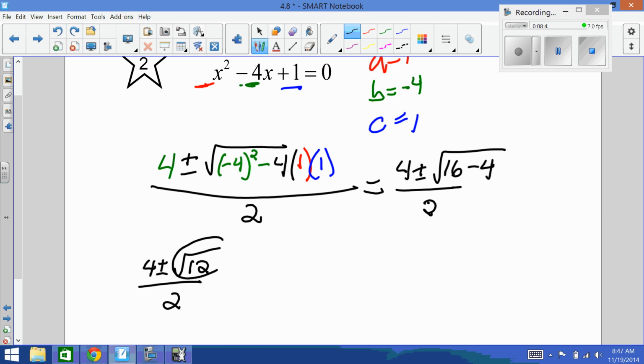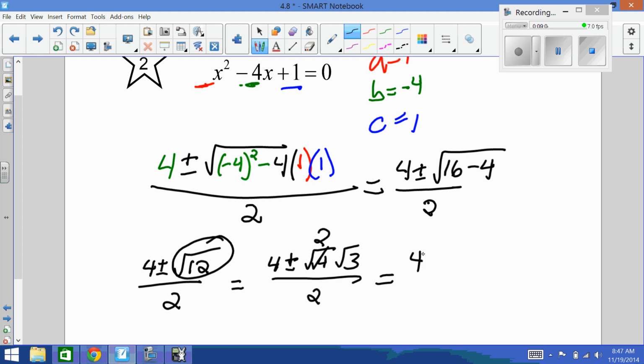Now we're going to simplify the radical. That's what we did in the previous section, 4.5. So this is 4 plus and minus radical 4, radical 3, all over 2. Square root of 4 is 2.